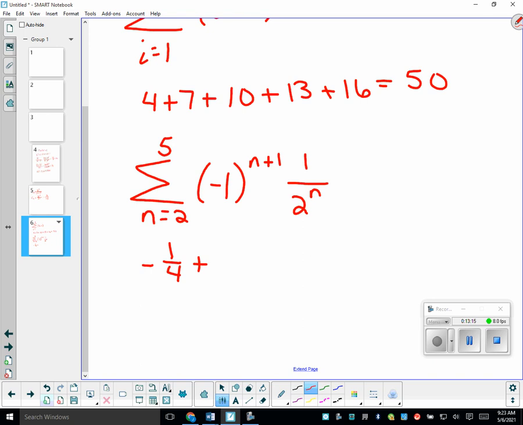All right, we're okay with this? Now what do I put in? 3. When I do that, I think that gives me 1/8. Is that right? The next term better be negative again, hadn't it? And it is, 1/16.